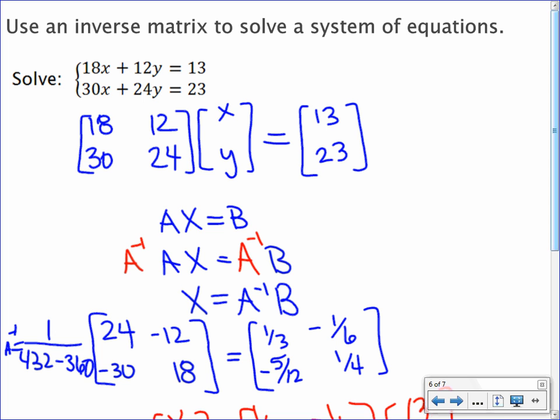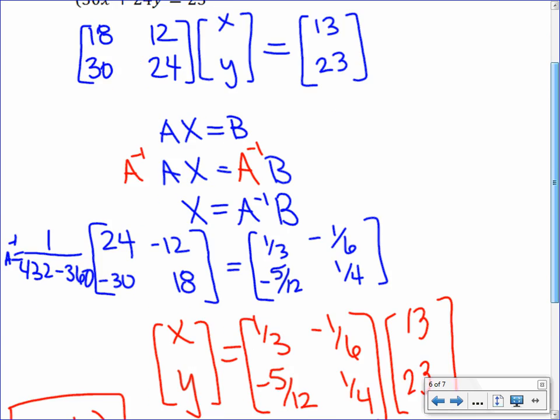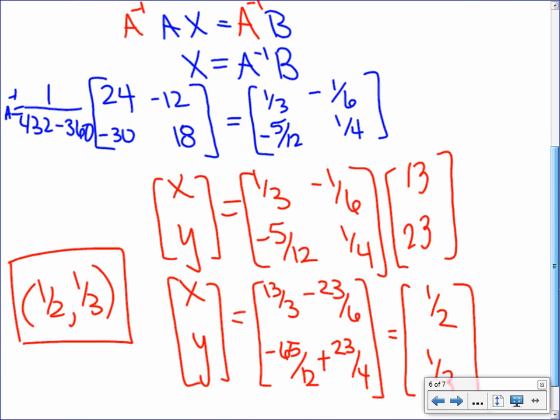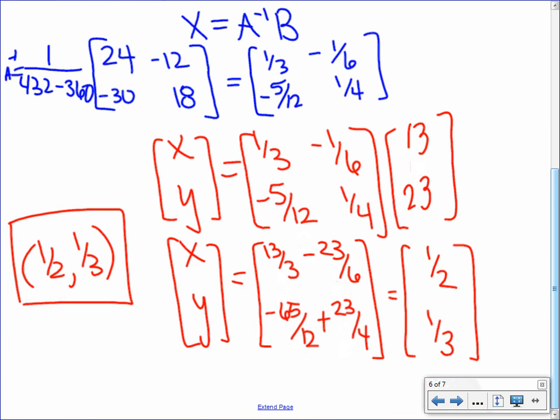To get rid of this A matrix, we had to multiply by the inverse, but we had to do it on the left side, which means we have to do it on the left side over here as well. So we took our inverse times our constants, and we multiplied those, and we got x is 1/2, y is 1/3.